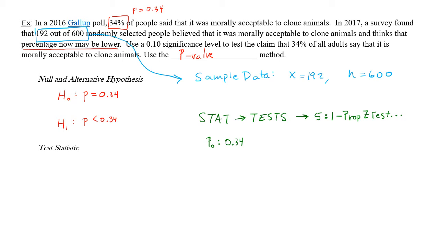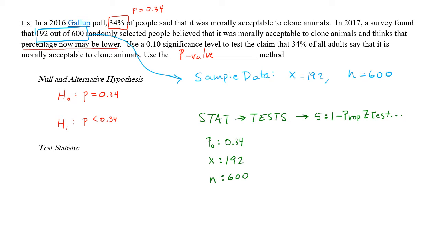The next thing we'll enter is the value for x, which was the number of people that said they found it morally acceptable, 192. The next thing we'll enter is a value for n, which is the sample size of 600.